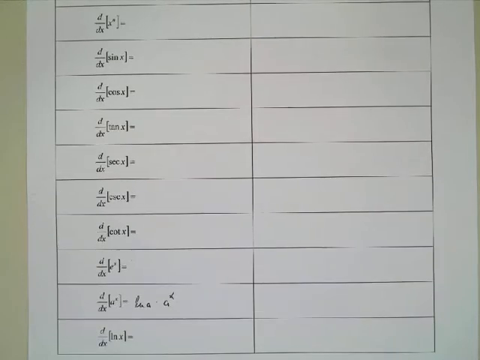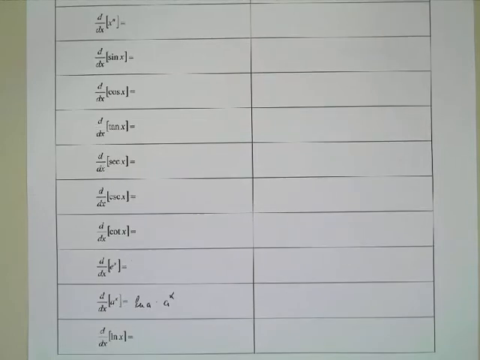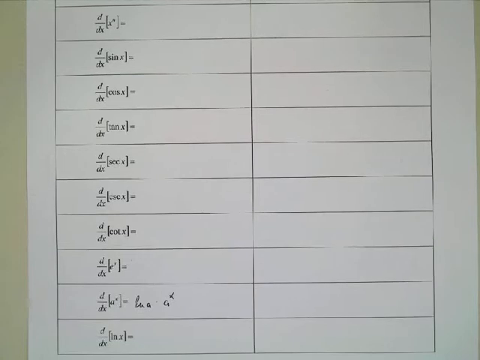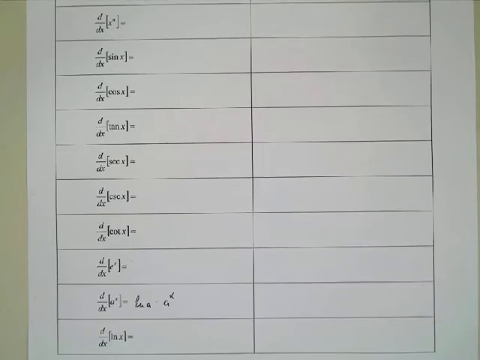Secant is secant tangent. Cosecant cotangent. Isn't it negative cosecant cotangent of x? Yes. And then cotangent is negative cosecant squared times x prime.